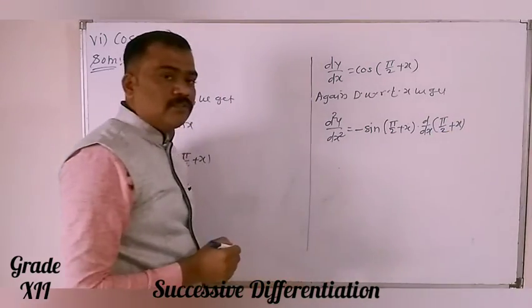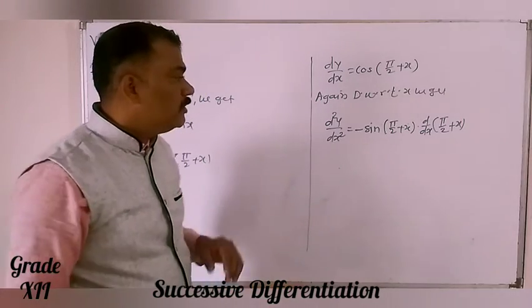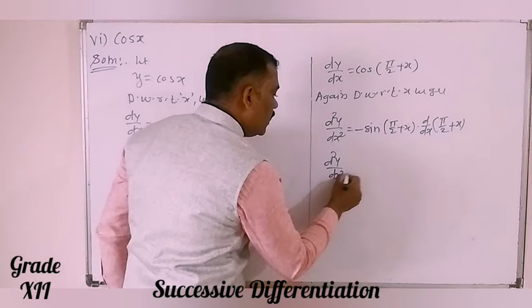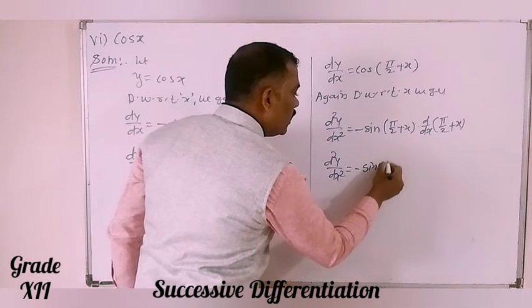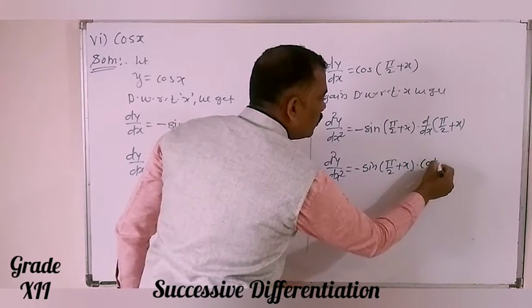Pi by 2 is a constant, so that its derivative is 0. Differentiation of x with respect to x is 1. 0 plus 1 is nothing but 1, so that we can write d2y by dx square is equal to minus sin of pi by 2 plus x into 0 plus 1.